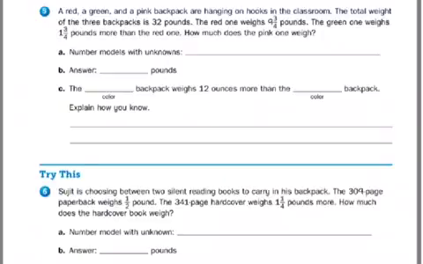The red one weighs 9 3/4 pounds. The green one weighs 1 3/4 pounds more than the red one. Oh boy. Okay. How much does the pink one weigh? So they're telling us a lot of different parts of information there. It looks to me like I'm going to be doing some adding and subtracting. So I want you to really go slowly, think that problem through.